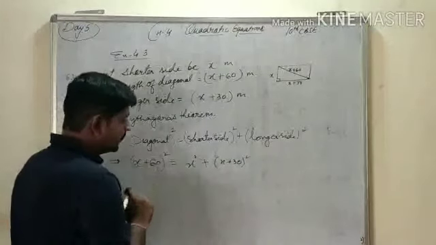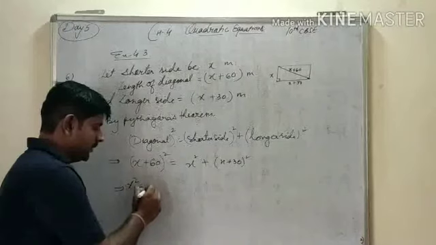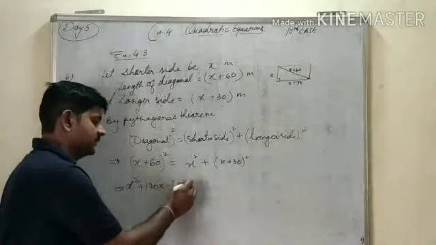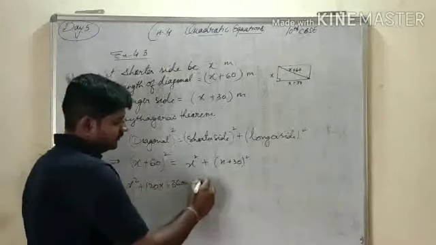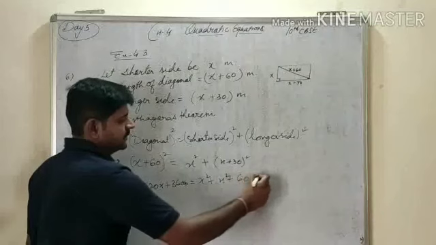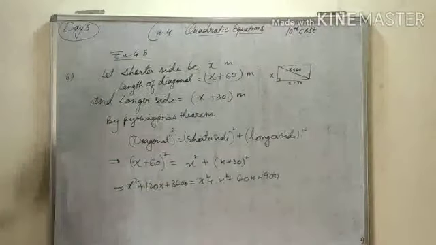If I open this, this is x square plus 120x plus 3600. This is x square, and it is also x square plus 60x plus 900. Square of 30 is 900.